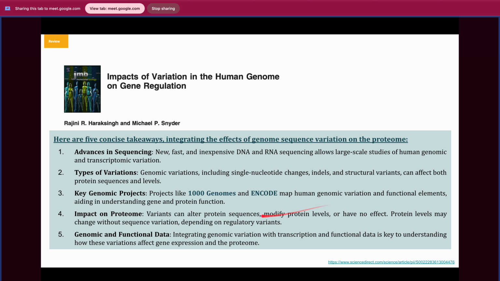All of these are identified by these projects, and then they identify the impact of these variations on the proteome. The variants can alter the protein sequences or modify the protein levels, which means that these variations will either be on the promoters or on regions which are either cis-regulating or trans-regulating the protein expression, or there are chances in which there will be no effect on the protein sequence or protein levels.